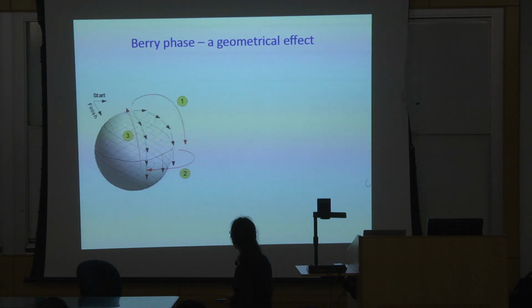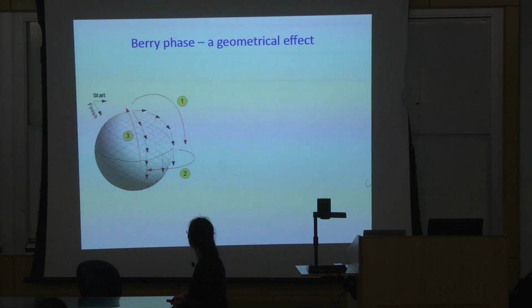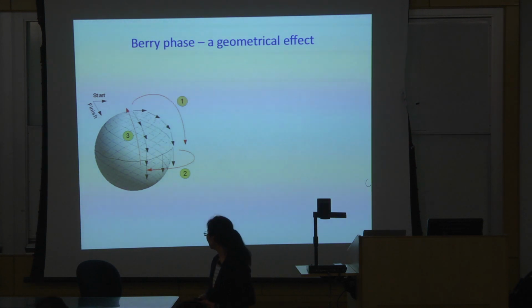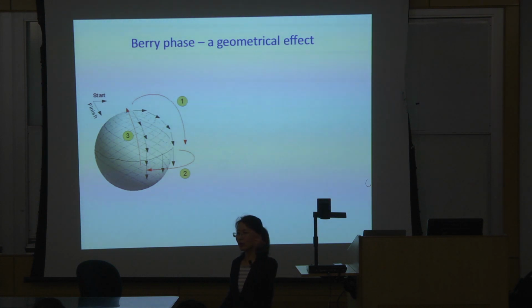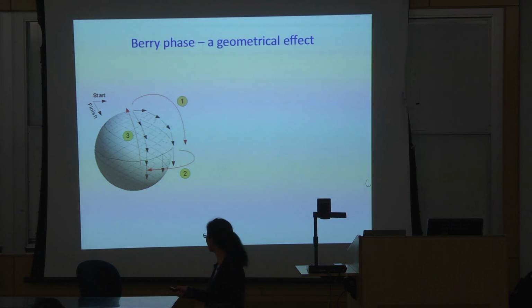So let's think about moving around in some space. Let's say I start from point 1, go through some path, and come back to point 1. If I just have a single point and I move around and go back to the original place, I have the same state.